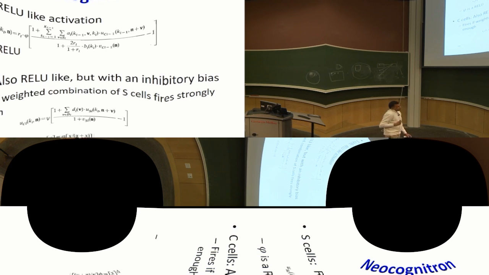And then finally, Fukushima came up with the final bit. He actually put the math to it. So what was the S cell's response? The S cell would respond to a collection of neurons over here, and the actual response is he gave this hideous-looking function. I'm not really sure how he arrived at the function, but that's beside the point. And then the C cells, how do they actually combine the evidence from a collection of S cells?